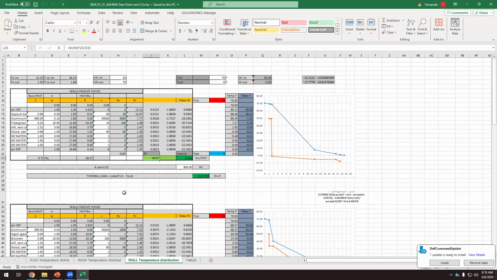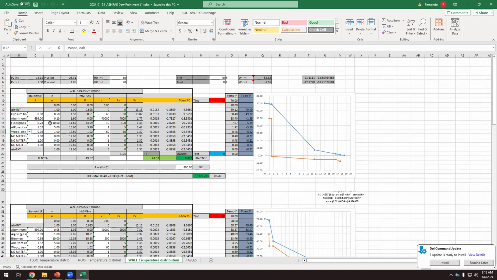Let's look at the wall. This is the interior. The interior in the wall is at the top. We have the gypsum board, that's the interior finish. We have aluminum. Aluminum is the vapor retarder. Then we have fiberglass. Then we have air, the ventilated cavity, and then we have the wood. This is the siding.